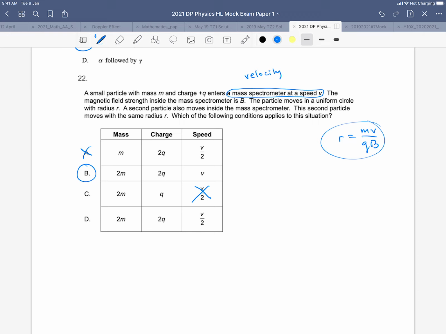And the velocity selector is a region where you have a magnetic field and an electric field, and they are adjusted so that the charge moves undeflected, which means that they have a speed given by the ratio of the electric field to the magnetic field. So all the particles moving into the mass spectrometer have first been selected by their velocity, their speed. So they're all going to be moving in with the same speed, so that's why C doesn't work. That's a bit tricky.